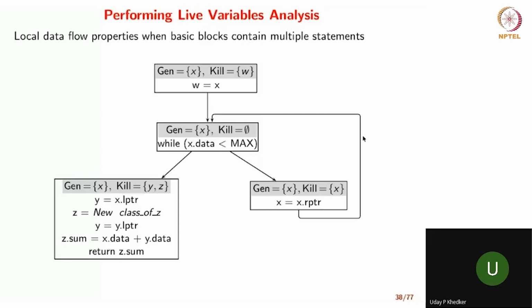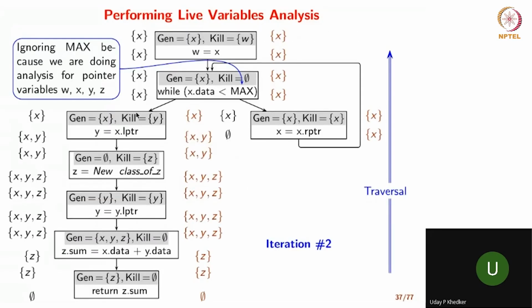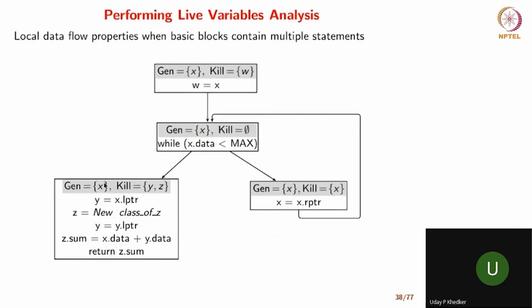We can also combine various basic blocks. For example, these all have a strictly sequential control flow. So we can combine all these into one and compute gen, and we observe that Y, Z are being killed. We observe that this occurrence of X is the only occurrence which is not preceded by a definition.